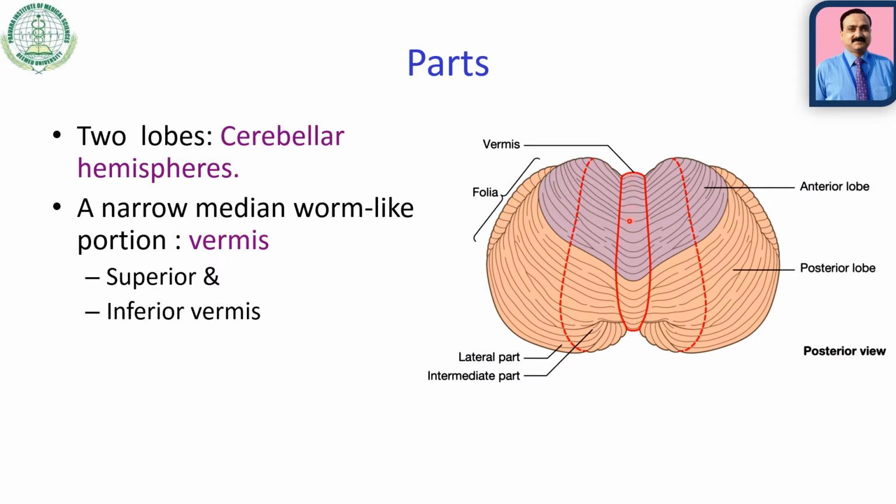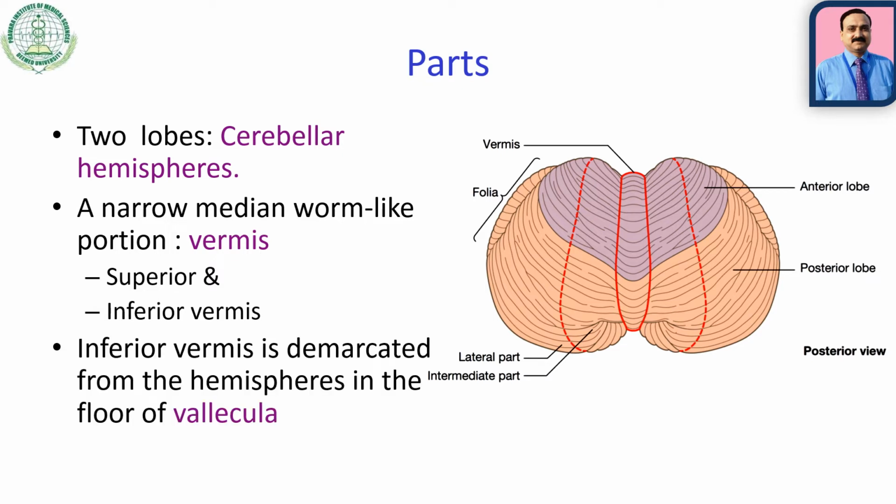So this is the superior vermis which you can see, and here will be the inferior vermis. Inferior vermis is demarcated or separated from the cerebellar hemispheres in the floor of the vallecula.